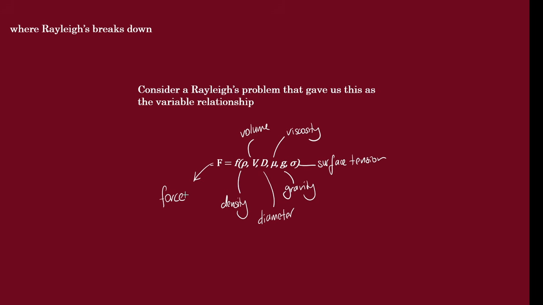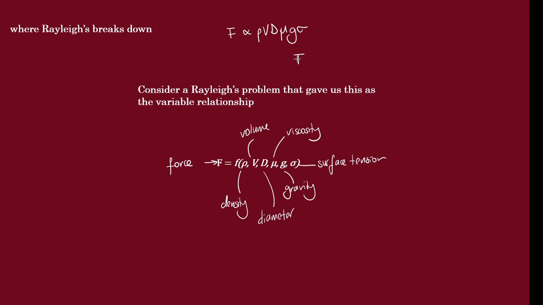And let's say this is all equal to some imaginary force F. Okay, this is a hypothetical problem. I don't know of any force that depends on these things, but this is a hypothetical problem. Okay, so let's say we're trying to solve a Rayleigh's problem and we end up with this force expression. So force is a function of density, volume, diameter, viscosity, gravity, and surface tension. If we were to solve this using Rayleigh's method, we're going to say that F is going to be proportional to rho v d mu g and sigma.